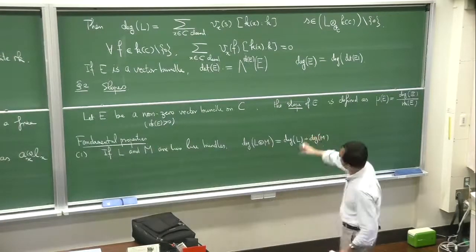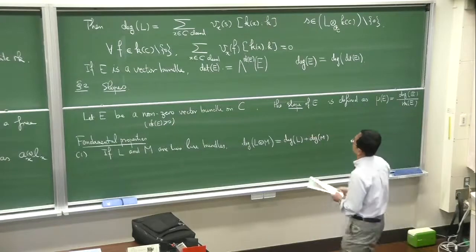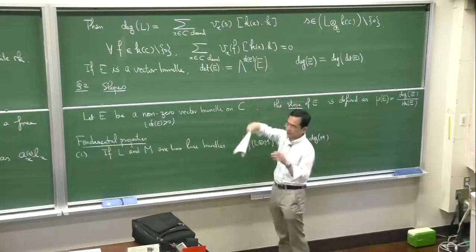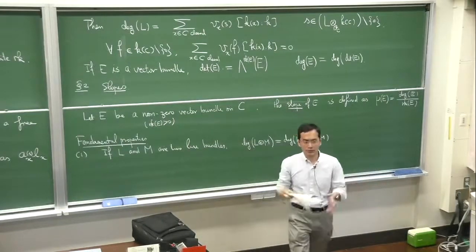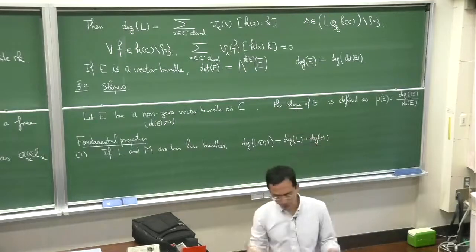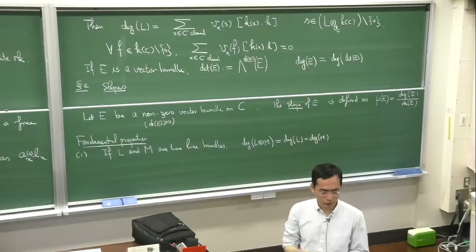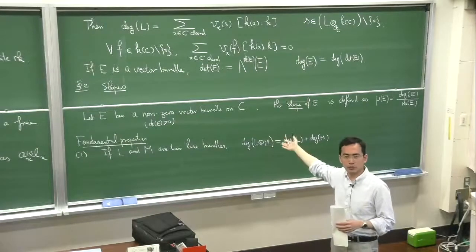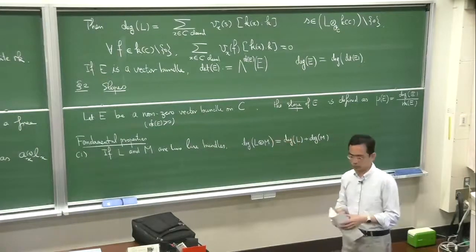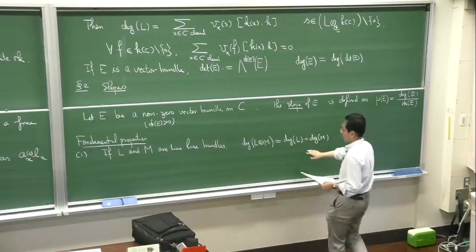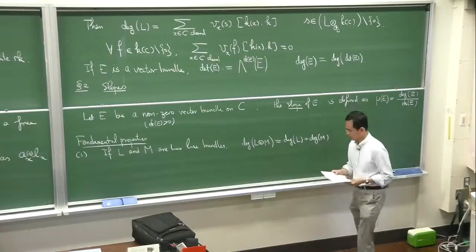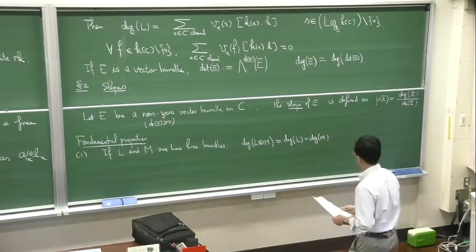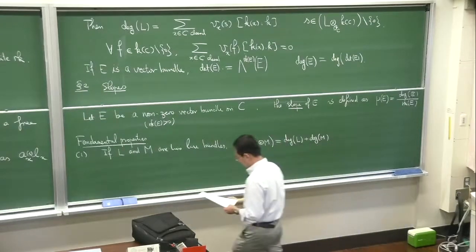This is rather straightforward if you take the definition as above. You have the tensor of two sections which are locally rational functions, and the valuation will transform the product into a sum. So you have this formula: the degree of the tensor product is the sum of the degrees.